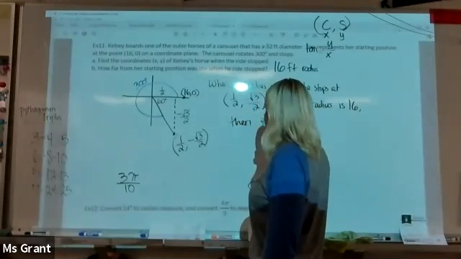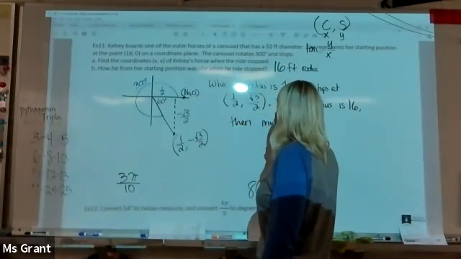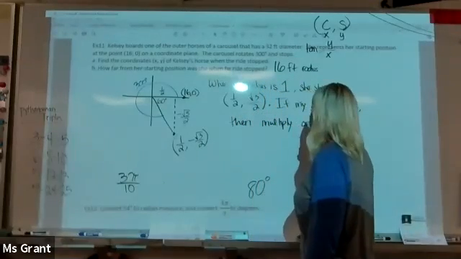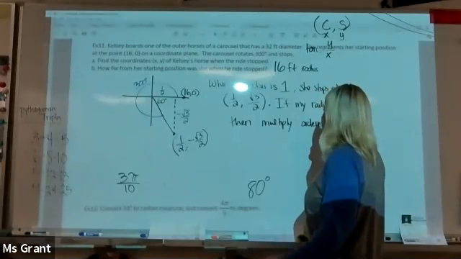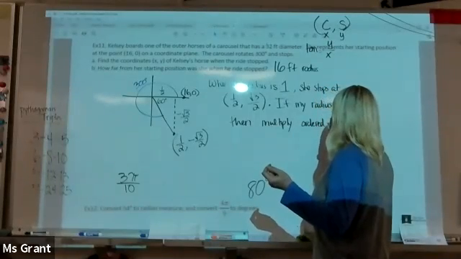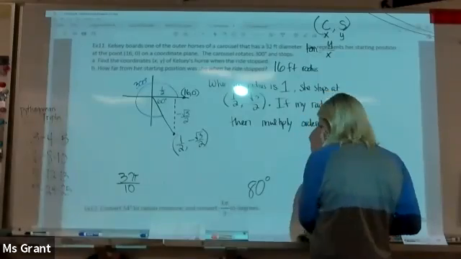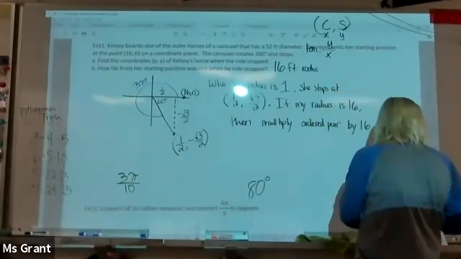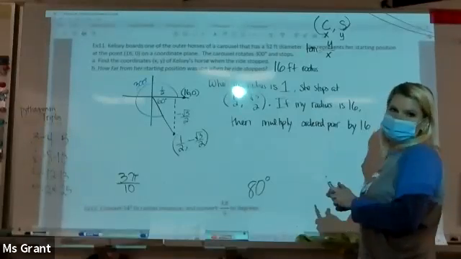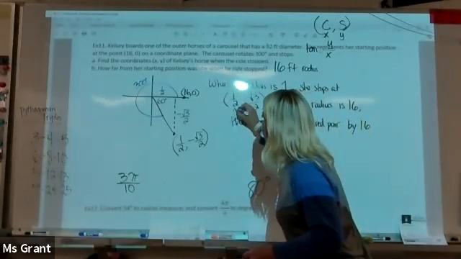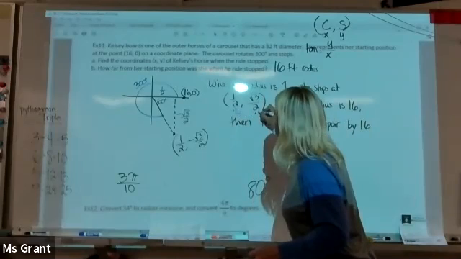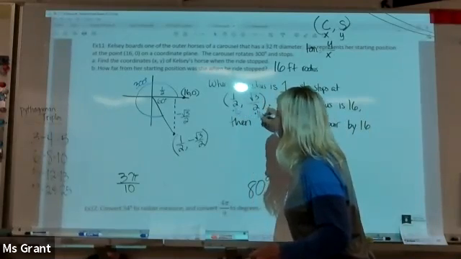Then multiply the ordered pair, the ending point, by 16. So 1/2 times 16. Negative rad 3 over 2 times 16.